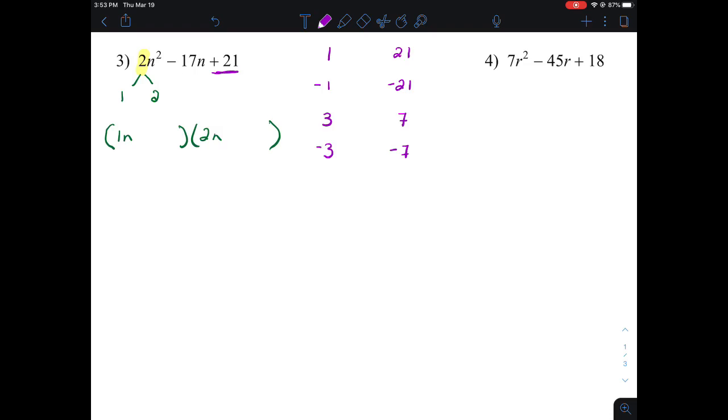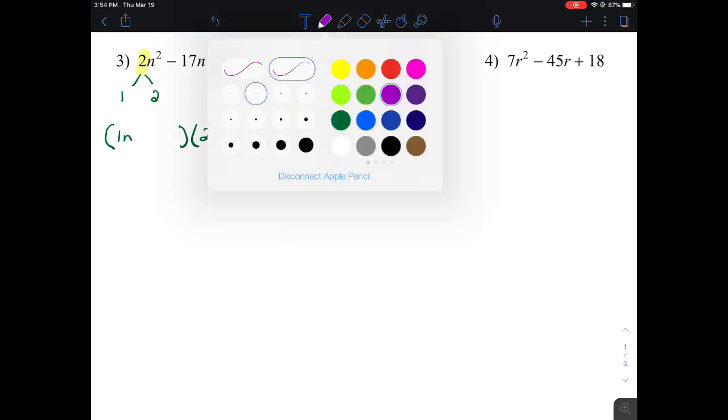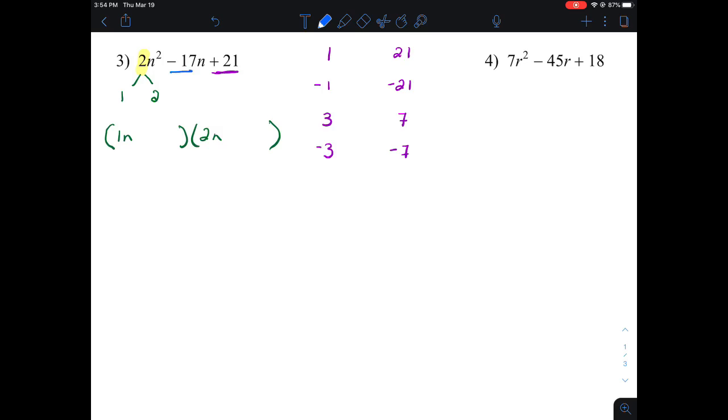Now, through the process of foiling or distributing the numbers out, I need to create a negative 17 after I multiply one of those numbers by the 1 and one of those numbers by a 2. So it's a trial and error game.